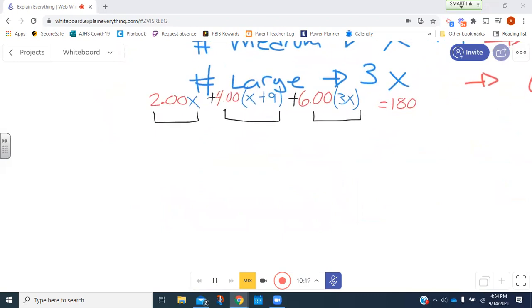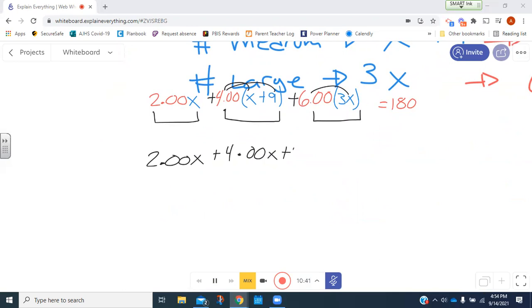So I'm going to scroll down here and I'm going to go ahead and distribute, right, where I see parentheses. So $2 times x, still there. Now we have $4 times x plus 9.